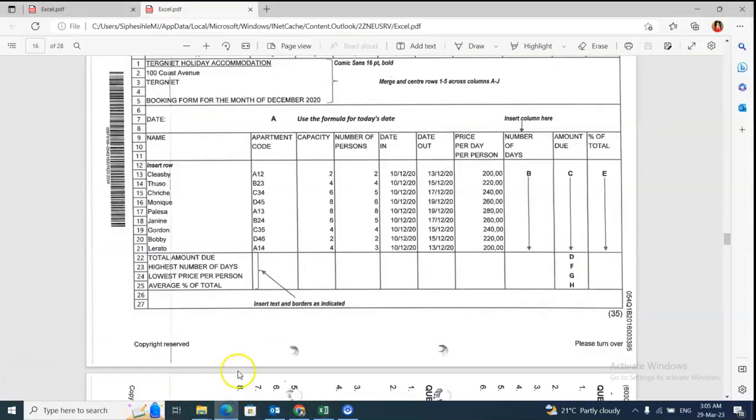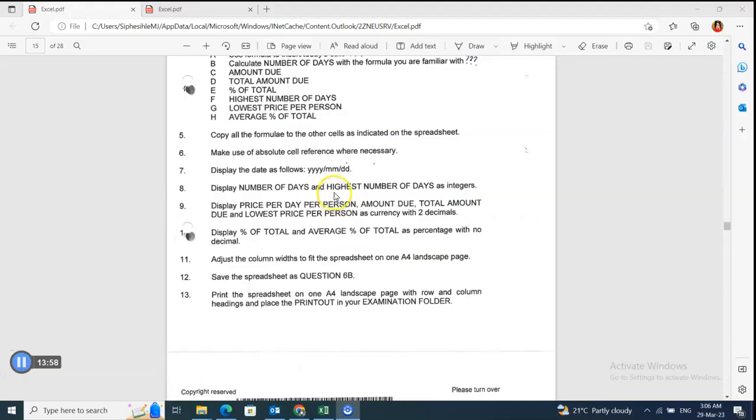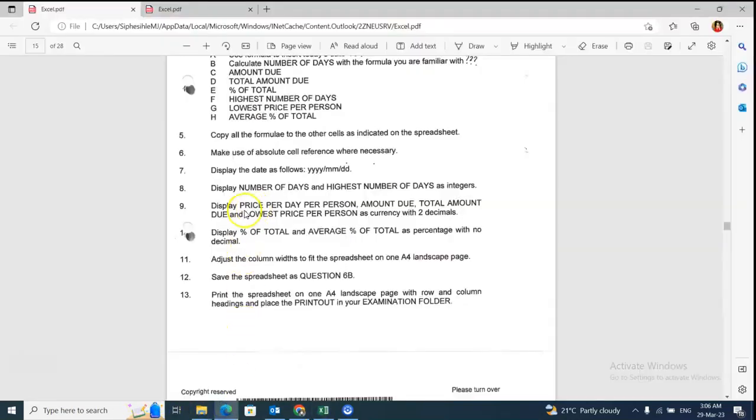Let me just check here. Okay, going to say outside borders again. They want us to display number of days and highest number of days as integers. They are integers already because they are without decimal places, and they want us to display these as currency with 2 decimals. So let's do that.